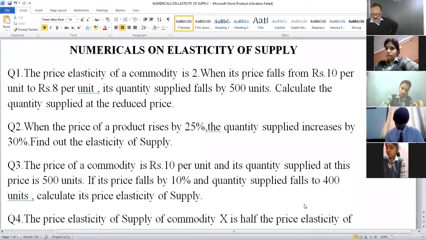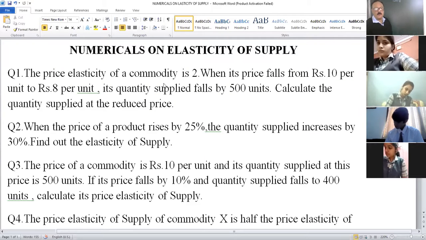If its price falls by 10% and the quantity supplied falls to 400 units, calculate the price elasticity of supply. I'm reading it once more.